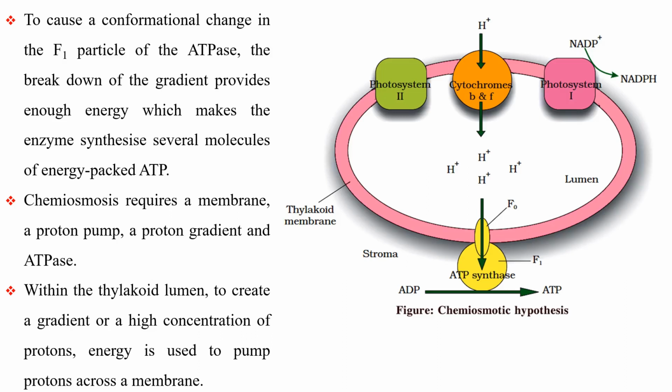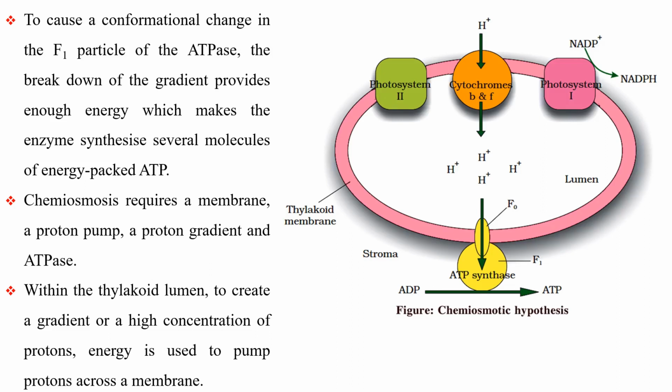To cause a conformational change in the F1 particle of the ATPase, the breakdown of the gradient provides enough energy, which makes the enzyme synthesize several molecules of energy-packed ATP. Chemiosmosis requires a membrane, a proton pump, a proton gradient, and ATPase.